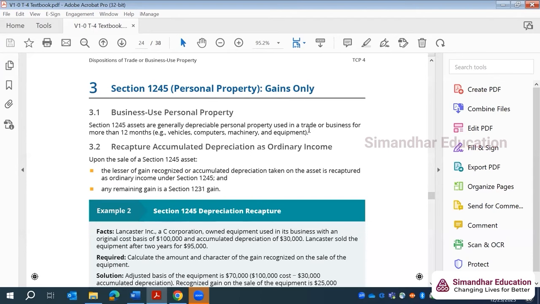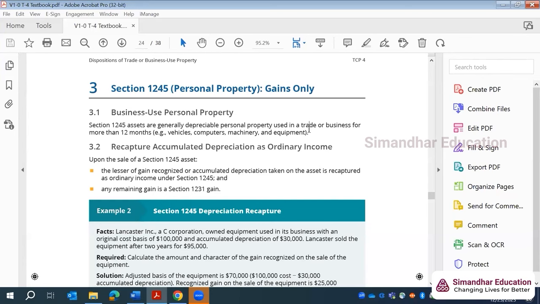So you took depreciation as an ordinary expense and you reduced the value of the property. So what the IRS is saying is that when you have a gain on the property, because you have adjusted the basis of the property due to depreciation, any gain that is pertaining to the reduction of the property due to depreciation should be treated as an ordinary gain.